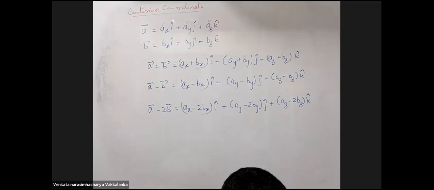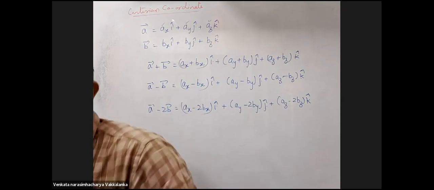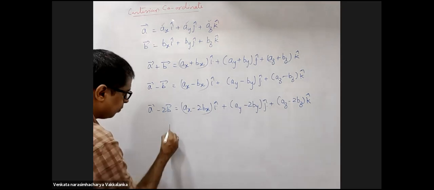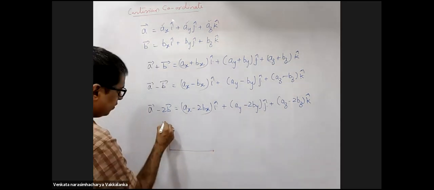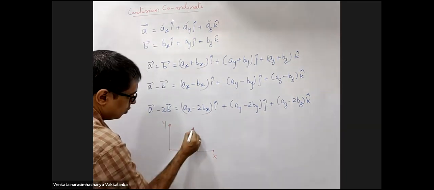Can you show a vector geometrically? Two-dimensional plane, you have already seen that, right? For three dimensions, all that you will draw is a cube. It will be slightly difficult for you to visualize three dimensions. But suppose I say two dimensions, this is y-axis, x-axis.